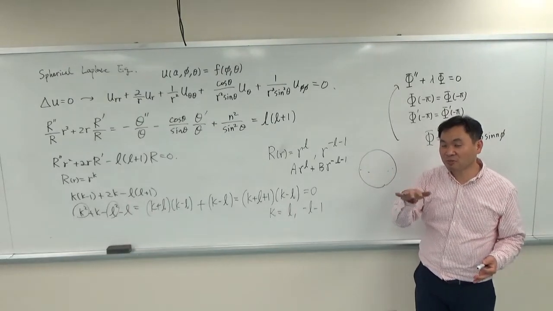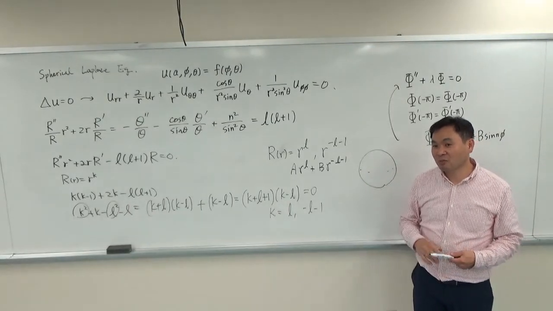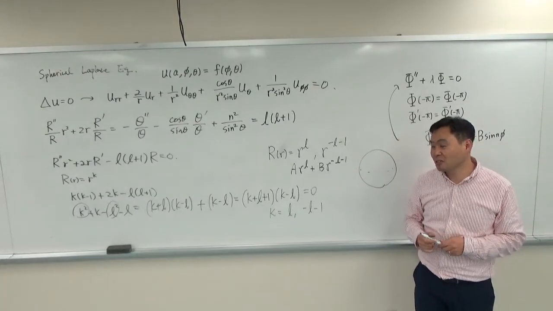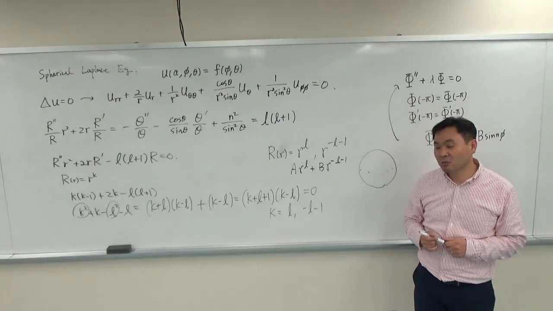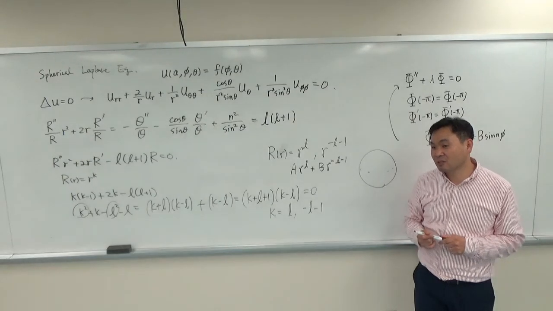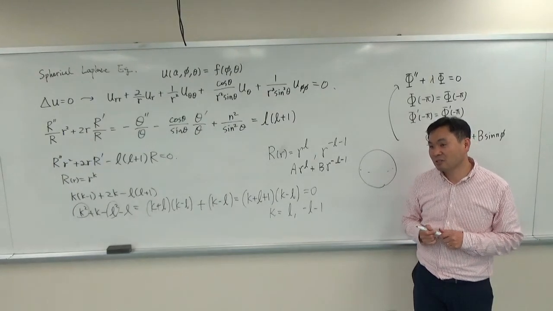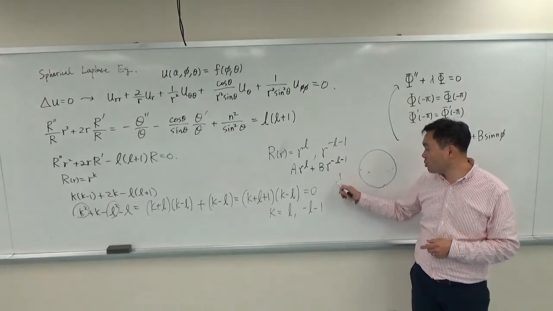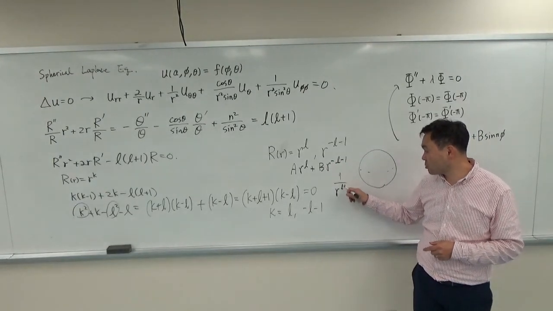If you have something that's going to infinity, that's not good. I see. So which one is not physical? What is this? This is 1 over R to the L plus 1, right?